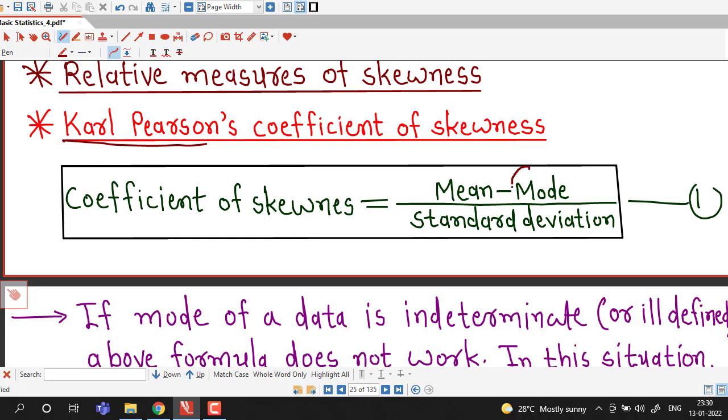Here also we assume that our frequency distribution is unimodal and asymmetric, so that mean and mode will not coincide, and we also assume that mode is defined for the given frequency distribution. Under these assumptions we can calculate Karl Pearson's coefficient of skewness by this formula. It is the ratio of mean minus mode and standard deviation.